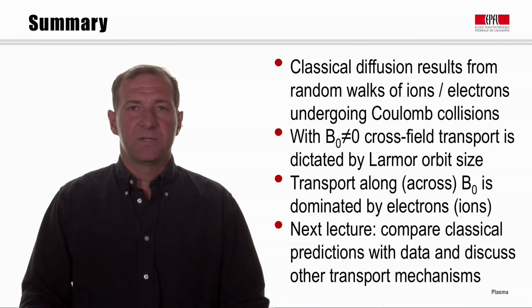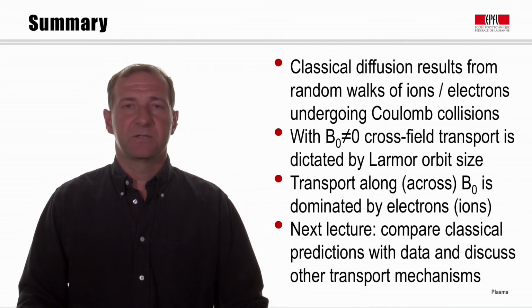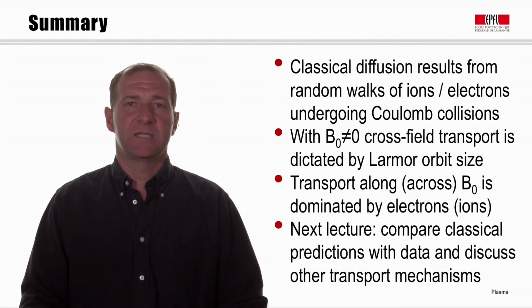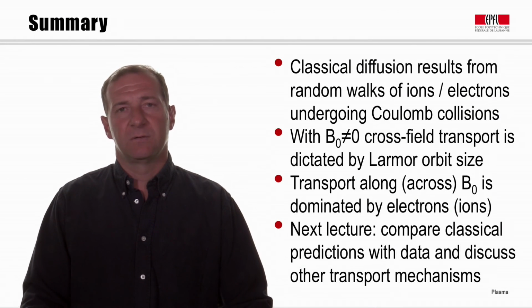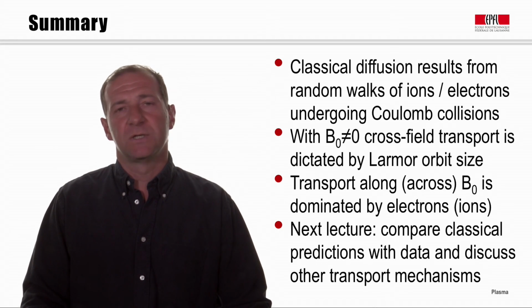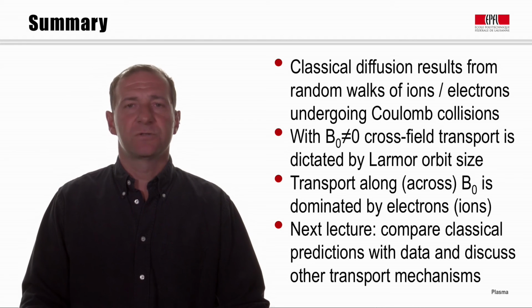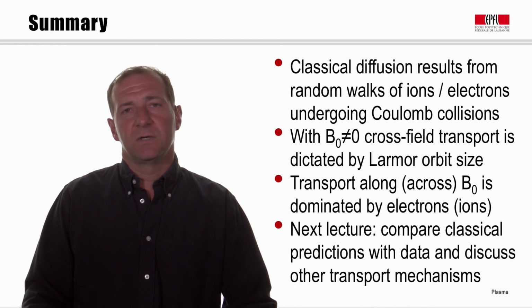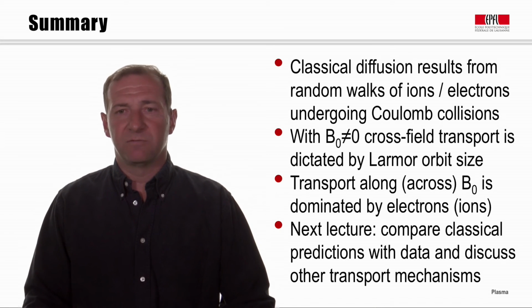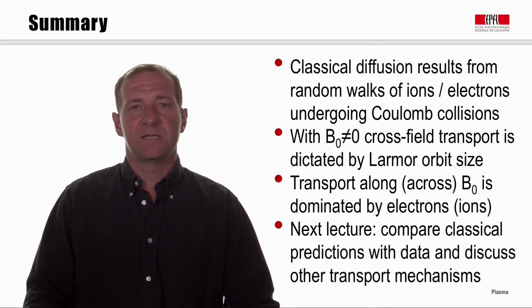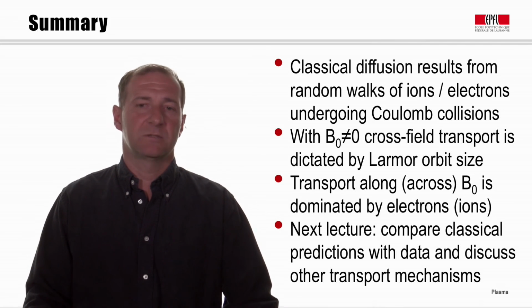In summary, in this lecture we have gone back to some of the basics of plasma physics to study the classical transport mechanism in the fusion plasma. We have seen that classical diffusion results from the random walk of ions or electrons that undergo Coulomb collisions, that is, collisions dictated by the electric field. In the presence of a background magnetic field, the transport across this field is dictated by the size of the Larmor orbits of the particles.